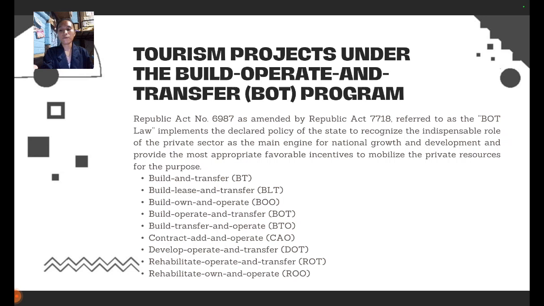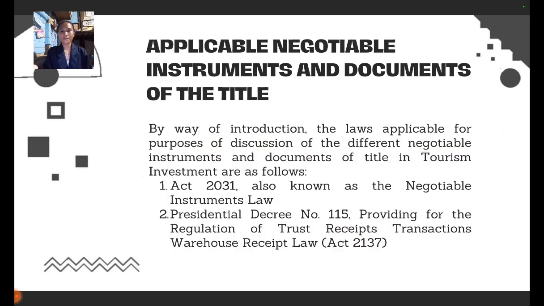It aims to offer favorable incentives to encourage private resources to be mobilized for these purposes. We have here the build and transfer or BT, build, lease and transfer, build, own and operate, build, operate and transfer, contract, add and operate, develop, operate and transfer, rehabilitate, operate and transfer, rehabilitate, own and operate.